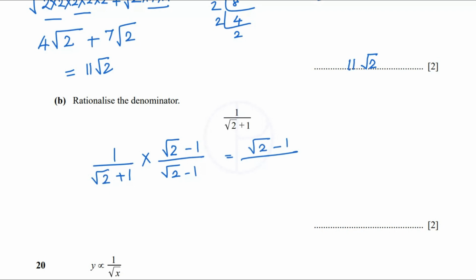The denominator is of the form a plus b times a minus b, which is nothing but a square minus b square, which is square root of 2 squared minus 1 squared. Square root of 2 squared will give 2. 2 minus 1 is 1. So square root of 2 minus 1 is the answer.